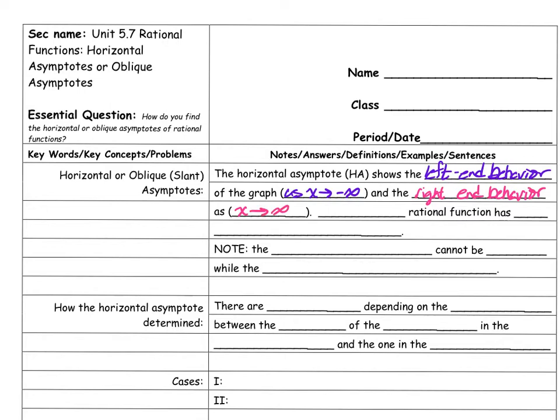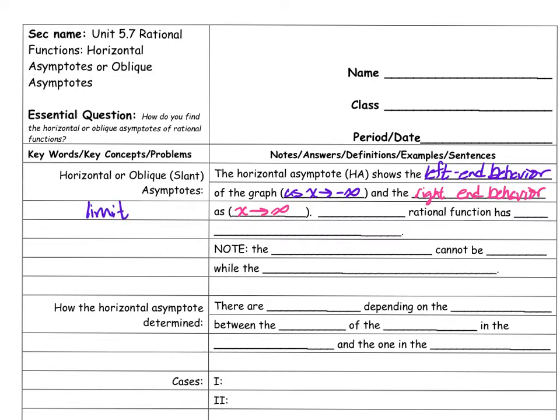So I'm just going to pause really quick. I want to make a quick note about this first part. We talked about end behavior when we were doing polynomials. Next year, when you go to calculus, or the years after when you're in college, what you're talking about when you're talking about end behavior in calculus, they're going to ask you about the limit.